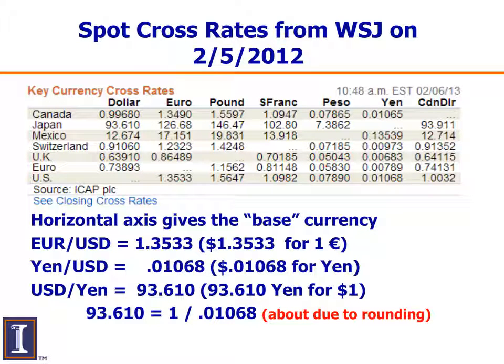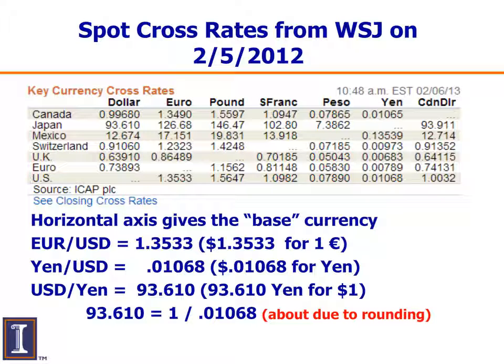Here is a typical exchange rate table. This comes from the Wall Street Journal on February 5th. A table listing the exchange rates. Here, the base exchange rate is listed on the horizontal axis, and then the vertical axis gives the other one. But just to take an example here, let's look at the euro versus the US dollar.